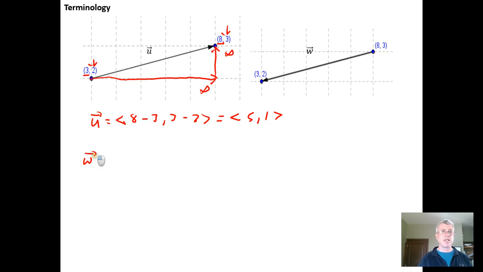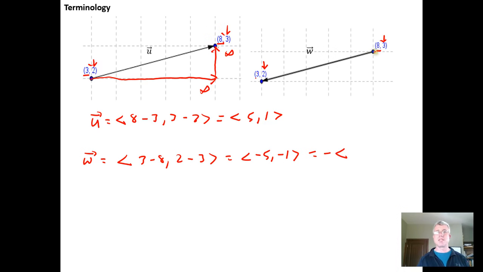So when we calculate the vector w, we're going to get x2 minus x1, comma, and then y2 minus y1, and we wind up with the vector negative 5, comma, negative 1, which if we factor the negative out, we actually see this vector, because it's the same length but pointing in the opposite direction, is actually the negative of vector u. So again, these are the vectors in component form, and the vector components are directed distances.